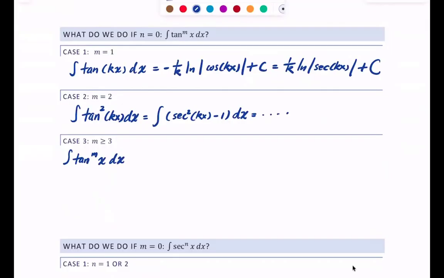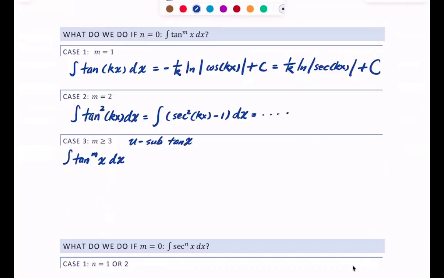What you want to do here is use up tangent. Notice that this is the more general technique.